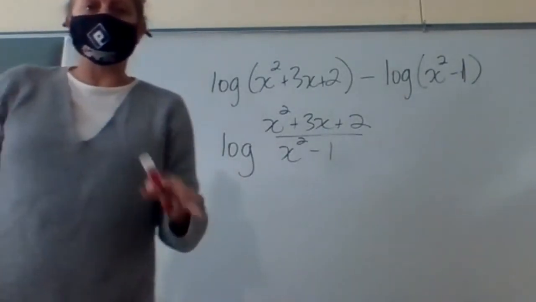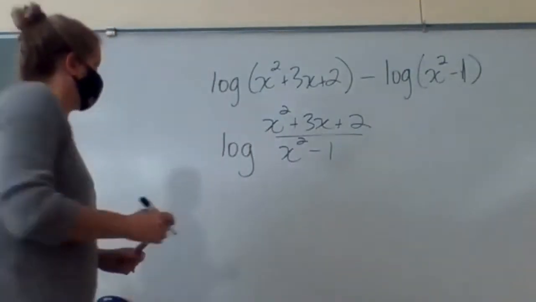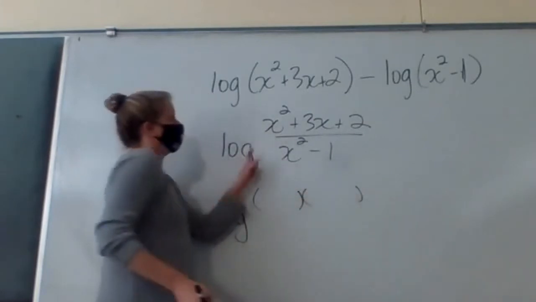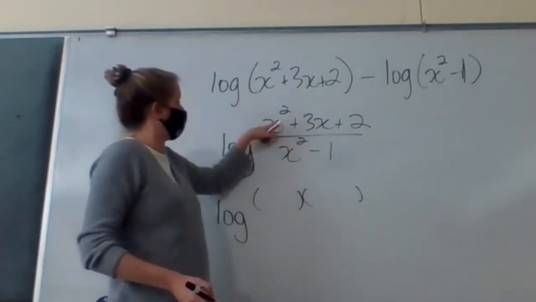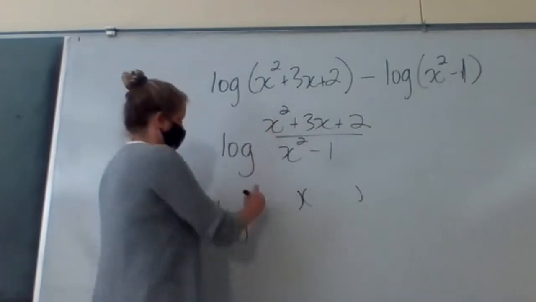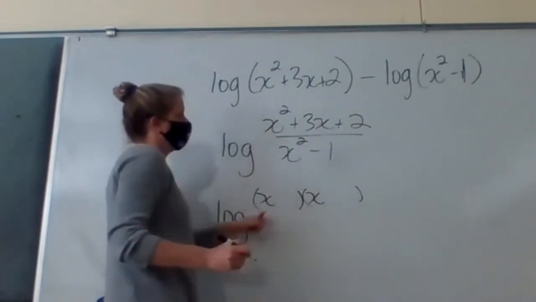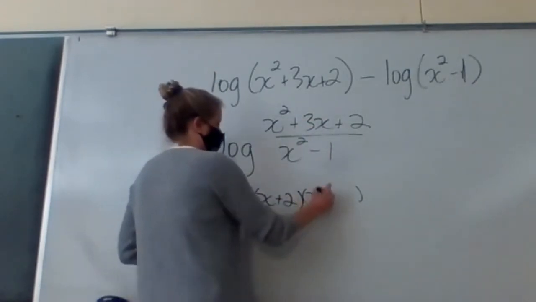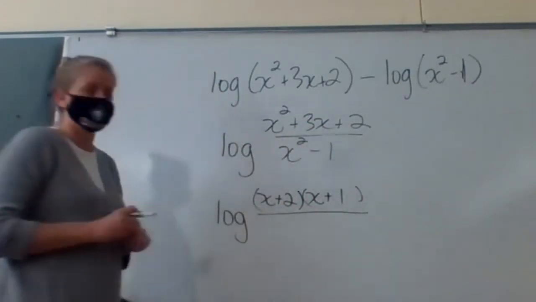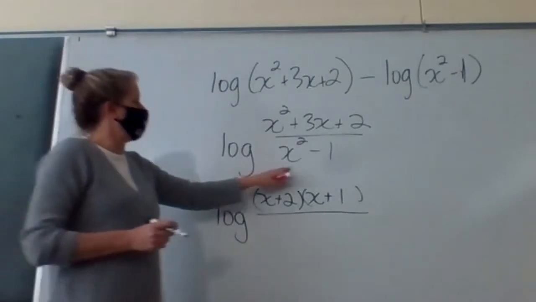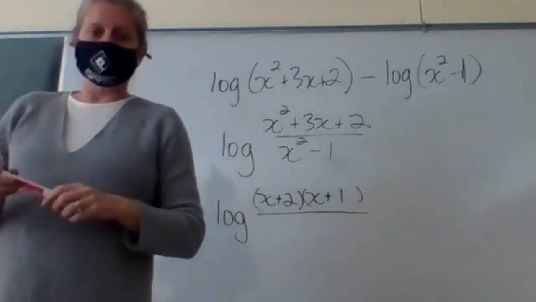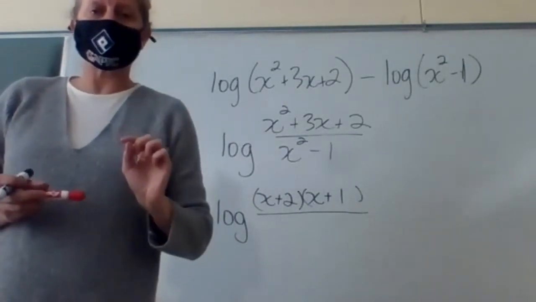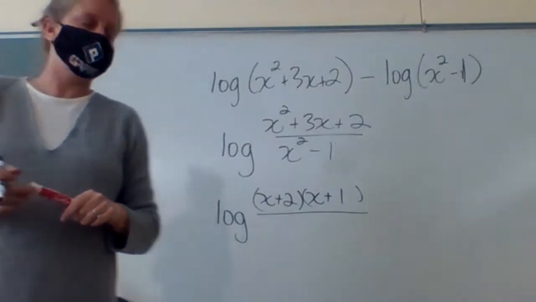And then I'm going to factor each one of those to see if anything will cancel. So let's see. This numerator, in its factored form, it's a factorable trinomial with an x squared, so it'll be x and x. Factors of 2 that will add to 3 would be plus 2 and plus 1. This denominator is also factorable. It's a difference of perfect squares, right? 1 is a perfect square because you can use 1 and 1 to get it.